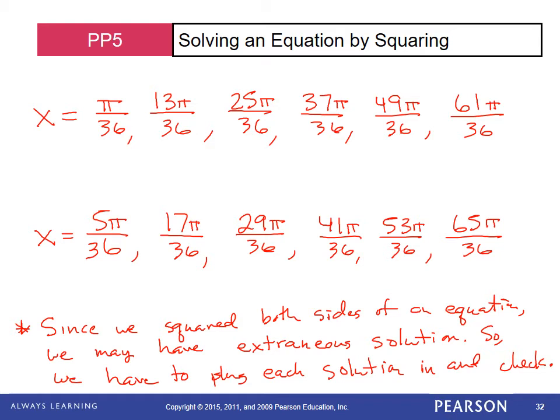We have to check them all. So that means we have to plug pi over 36 back into the original. And let's think back to the original equation here. We're going to have to multiply that by 3, right? Take the sine of it, multiply by 3 again, take the cosine of it, and then see when you add it up, would they give you a square root of 3 over 2? Yep, and whatever don't, then they're not your answer.